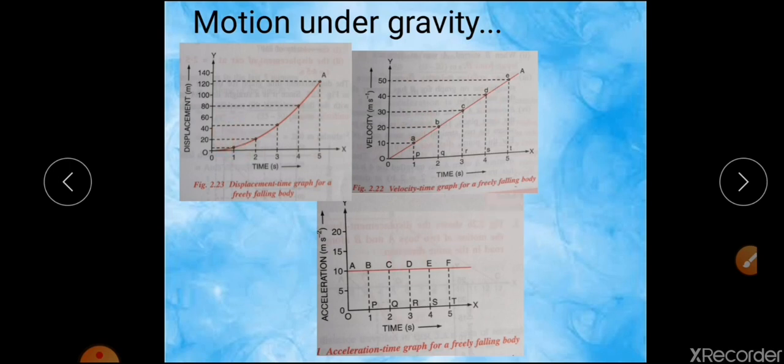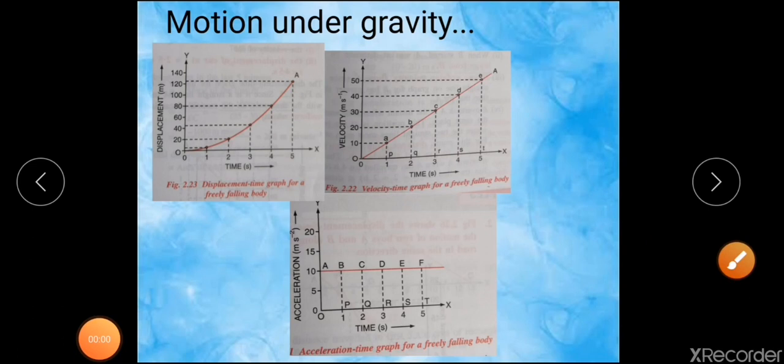First one, the displacement time graph for a freely falling body, which will be a curve like this. Second one, the velocity time graph will be a straight line inclined to your time axis. And third one, the acceleration time graph for a freely falling body. It will be a straight line parallel to your x-axis.